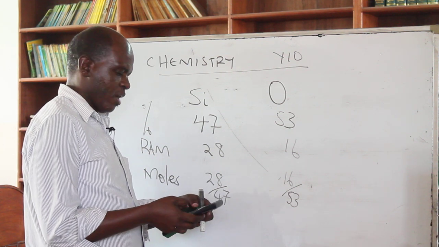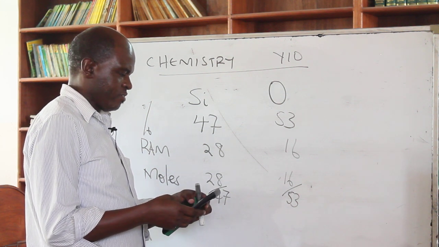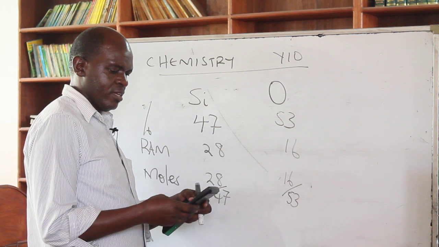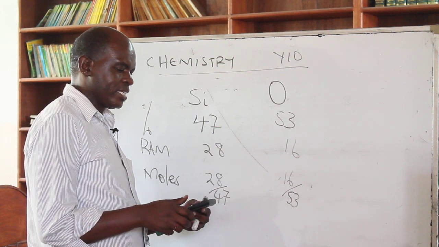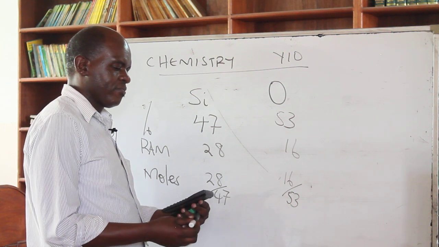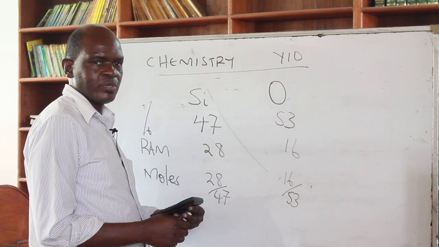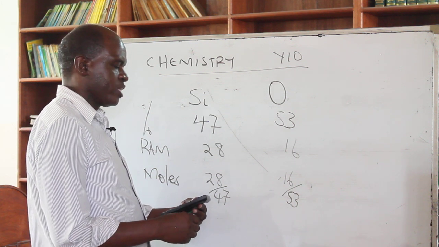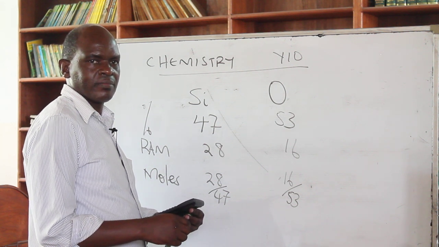So our 47 divided by 28, I hope you are carrying out this with me. What do you get as your answer? Mine, I'm getting 0.5957. It's a very long value. So we will round this off to two significant figures.